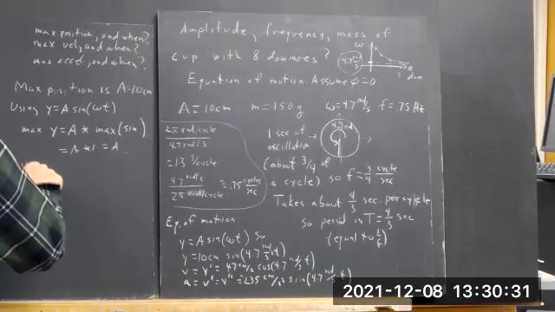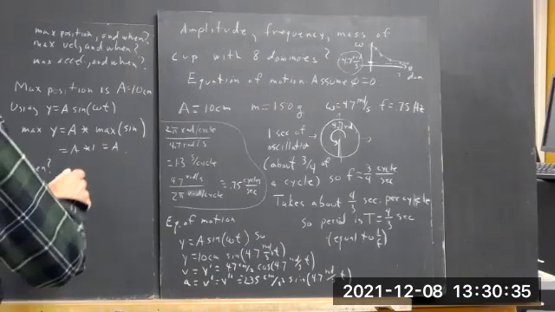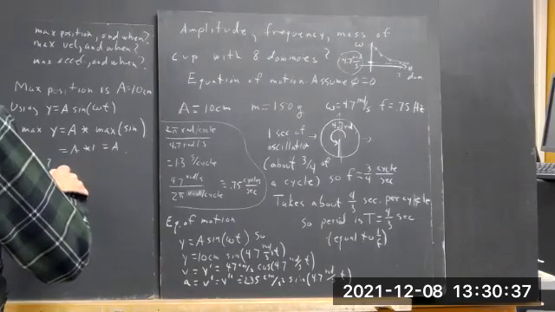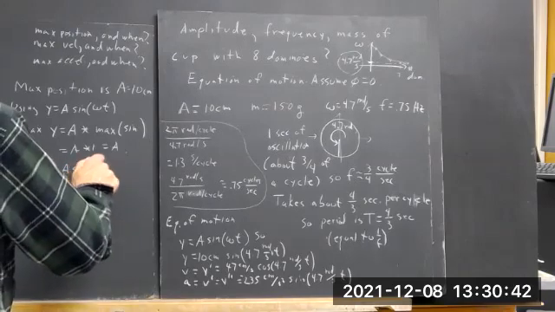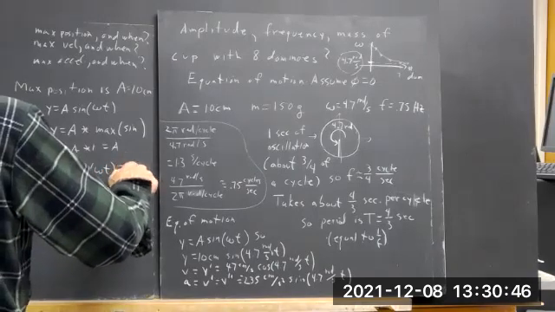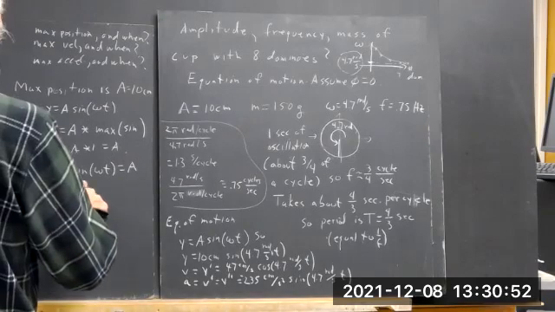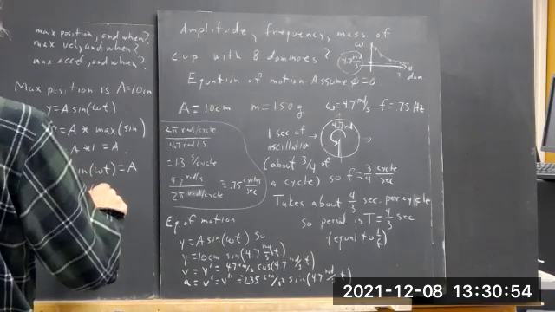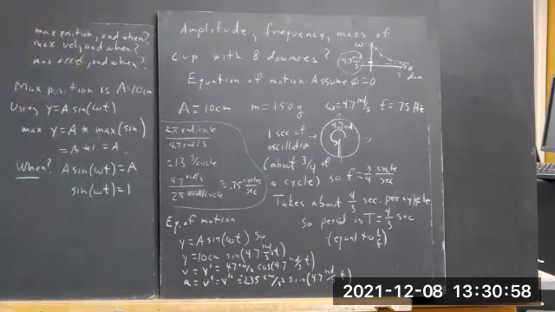Well, you do a sine of omega t equals a. So sine of omega t is 1, right?